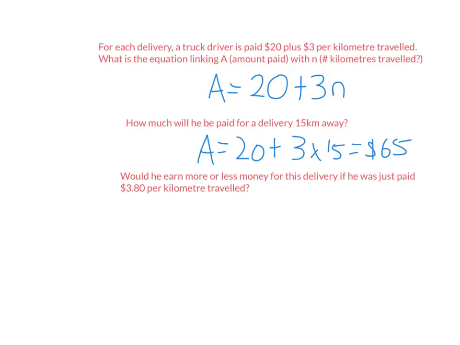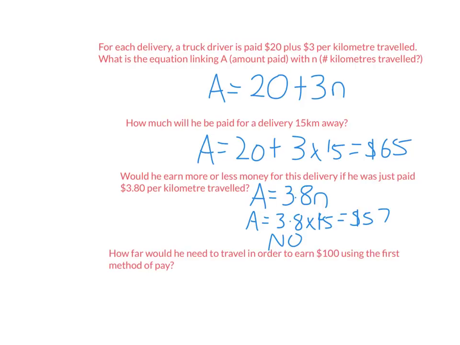The amount paid is equal to $3.80 per kilometre. So obviously, if he went for 15 kilometres, as he did in this delivery, the amount he gets paid is just 3.8 times 15, which is $57. So obviously, no, he would not be better off because he'd earn less money.